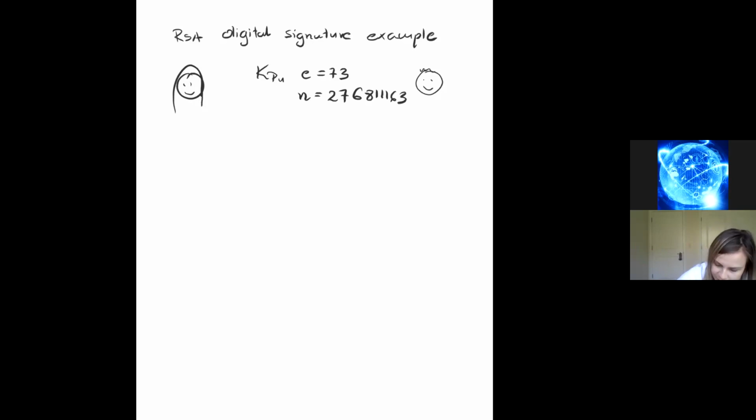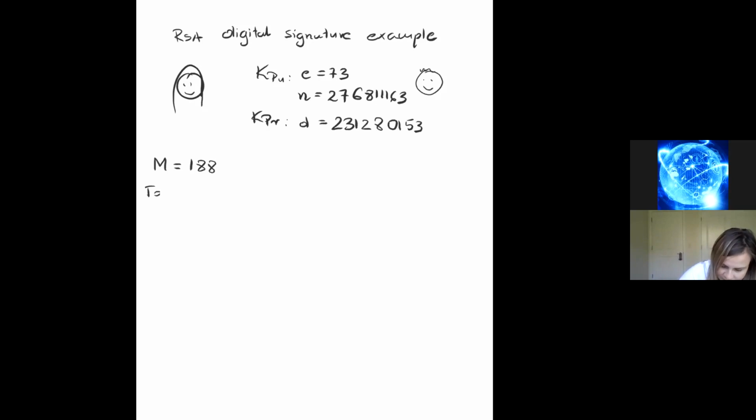And then we have a private key d = 231280153. Okay, so let's say that we have a message M. This message is represented by the number 188.